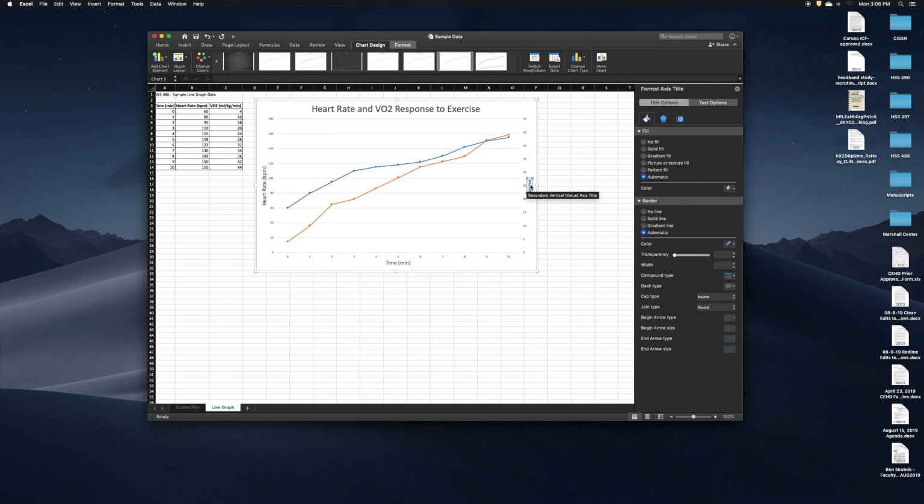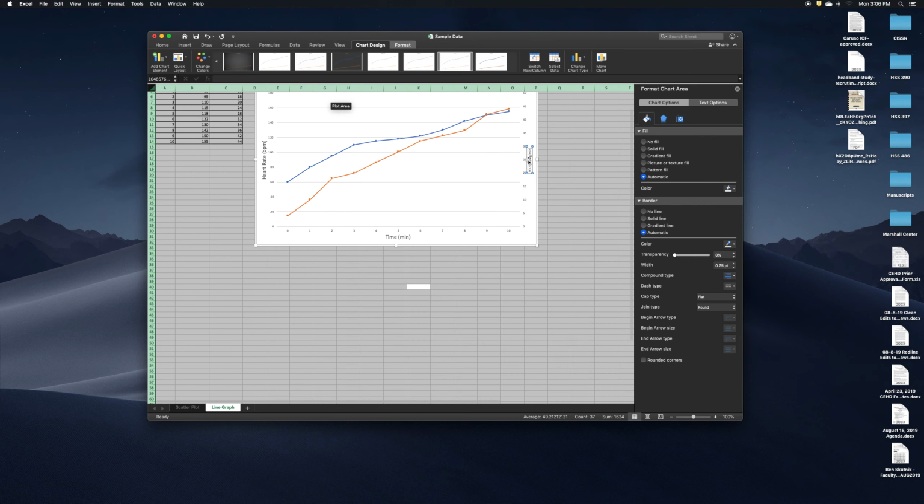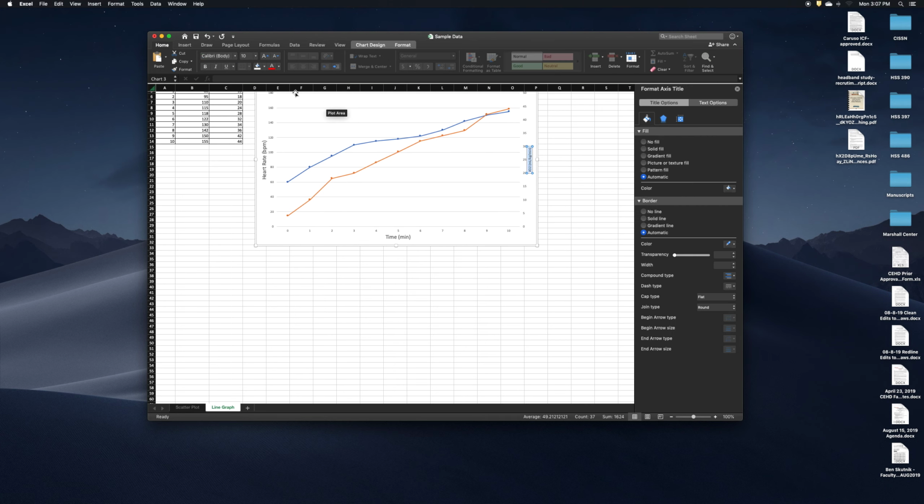This is VO2, and this is in milliliters per kilo per minute. It's milliliters of oxygen per kilo per minute. Let's go ahead and make that title a little bit bigger as well.